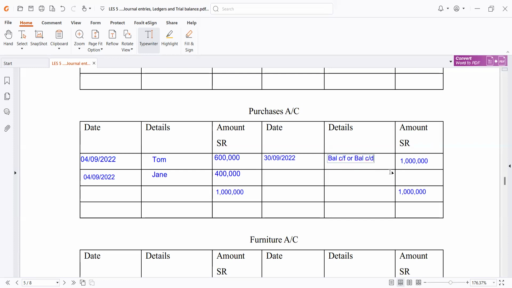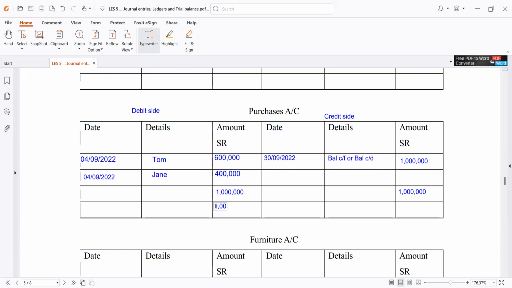So you have 1 million. It's on the credit side. This one is the debit side like that. So you will bring it forward and you'll have your 1 million here.